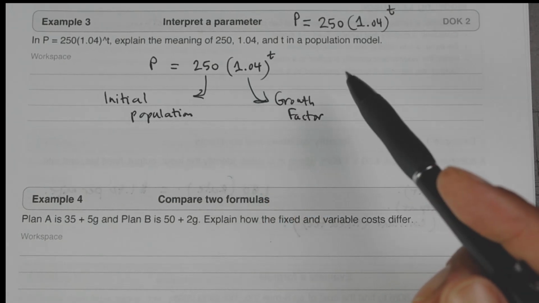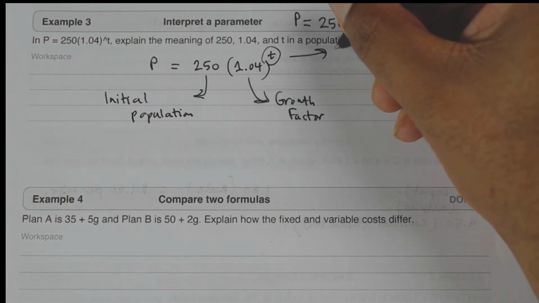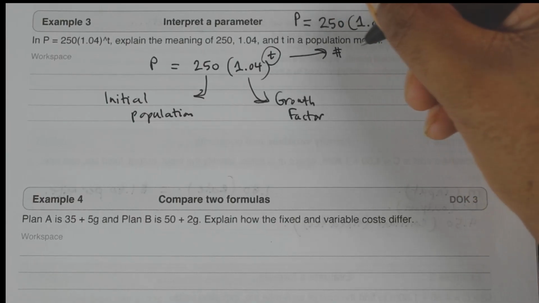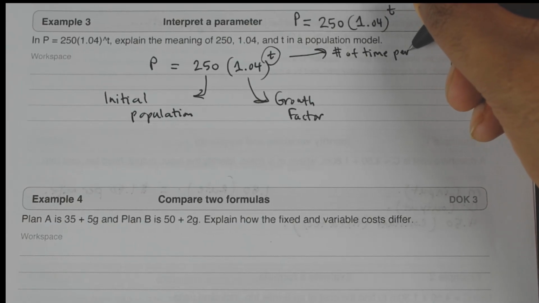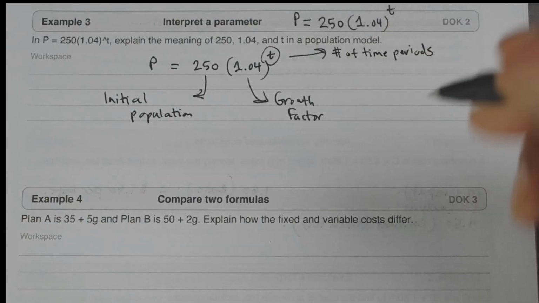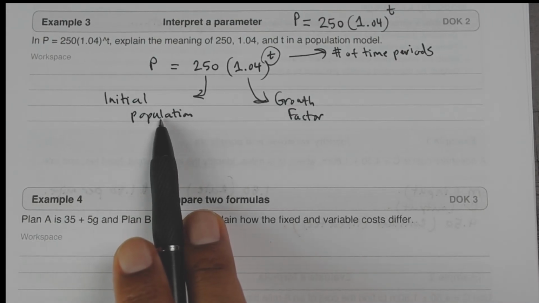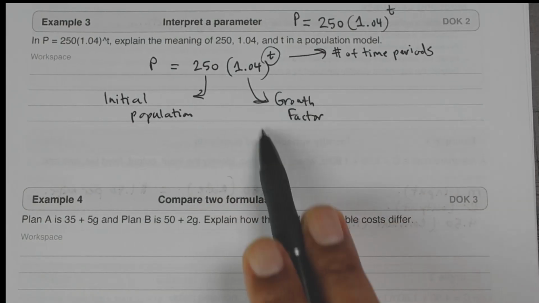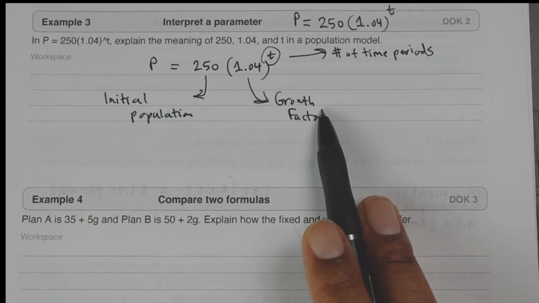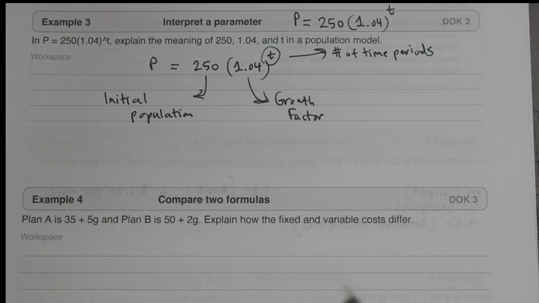And then that variable T represents the number of time periods. So 250 is the initial value or the initial population, and then this would be the growth factor, and then you would get the time.